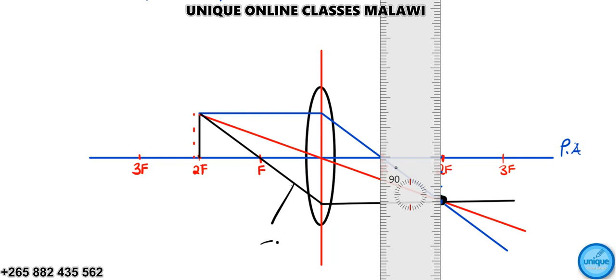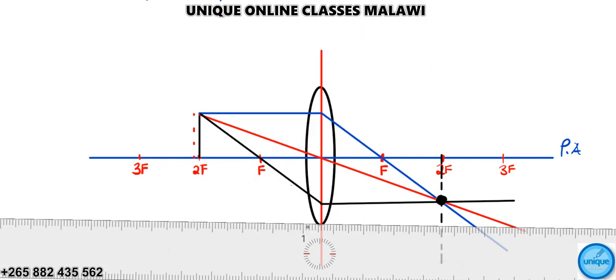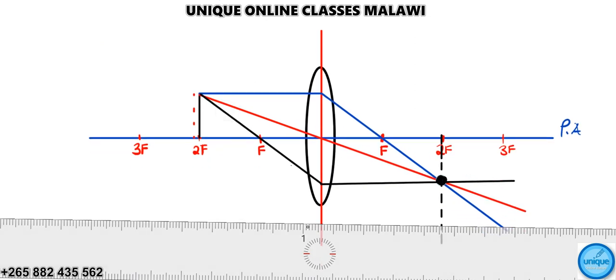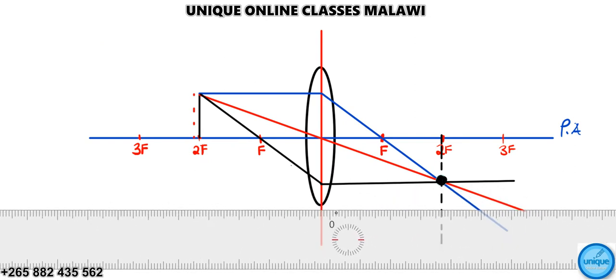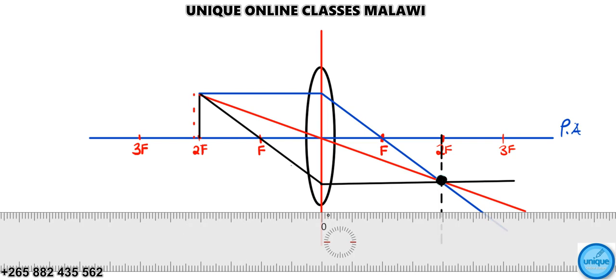That's what happens. What about the image distance and object distance? If I draw a line here, you should measure this line. So let's measure this line together. You can see we have 1, 2, 3, 4, 5, 6, 7, 8.